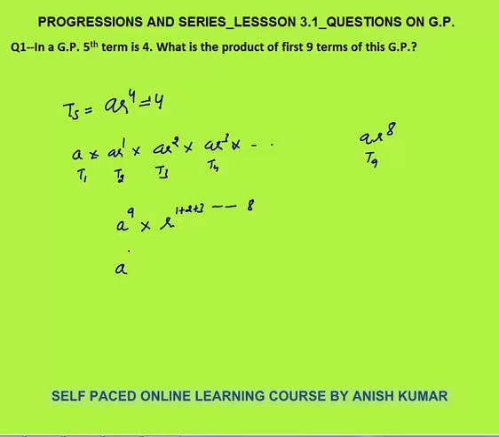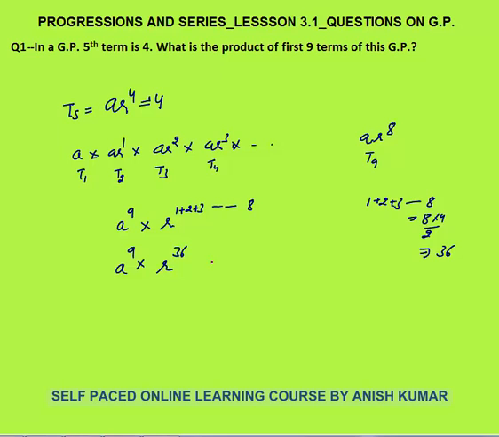The sum of 1 to 8 is 8 into 9 by 2, that is 36. So R power 36 is what we need.